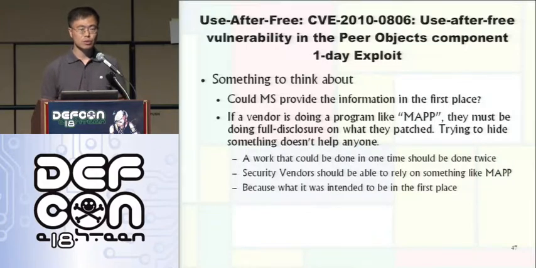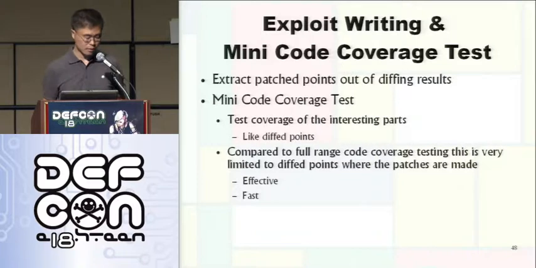So I showed the first one was caught by Core Impact a few months ago, and I showed two examples here from Microsoft. I only showed two, but I might find more if you look into more patches. So it's a problem for security vendors not having the full information.